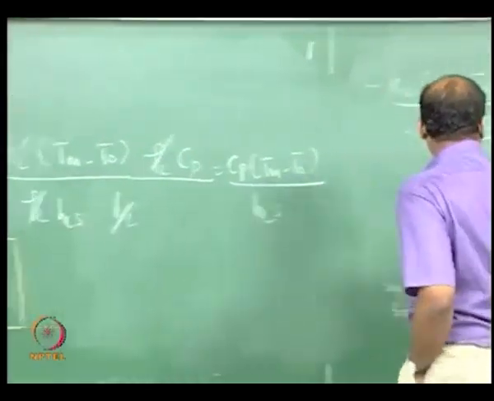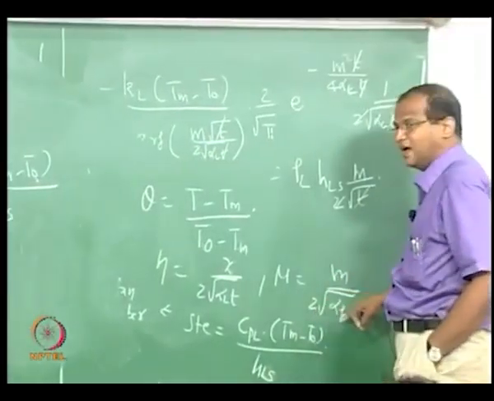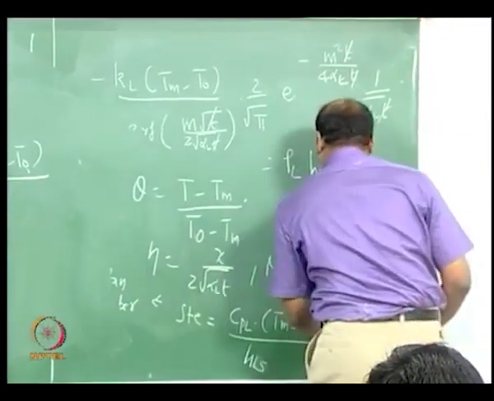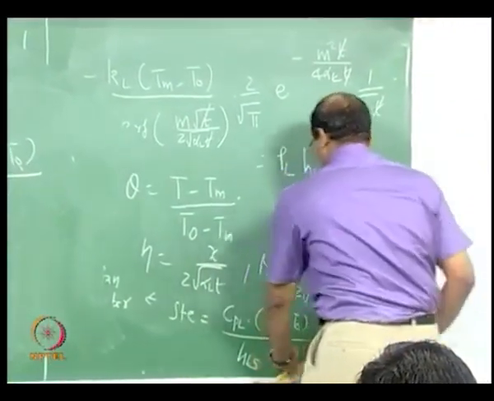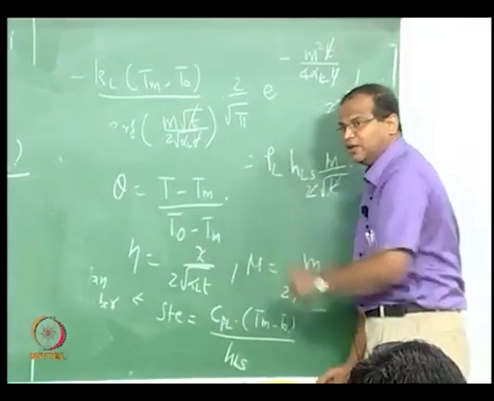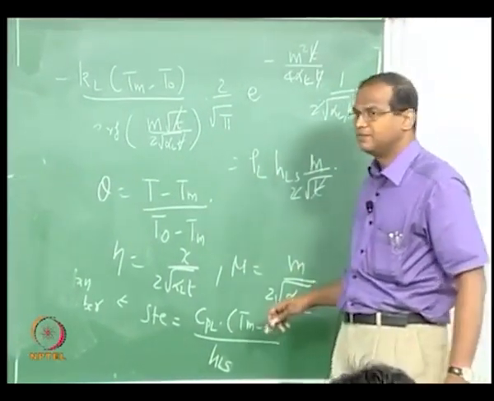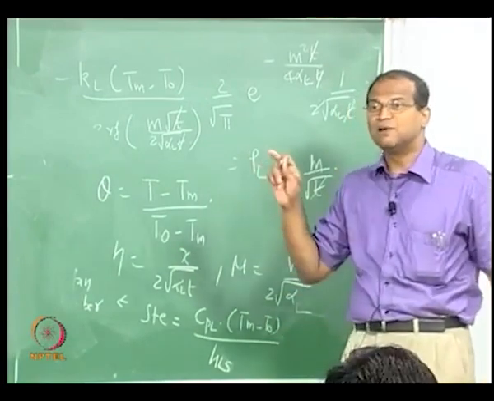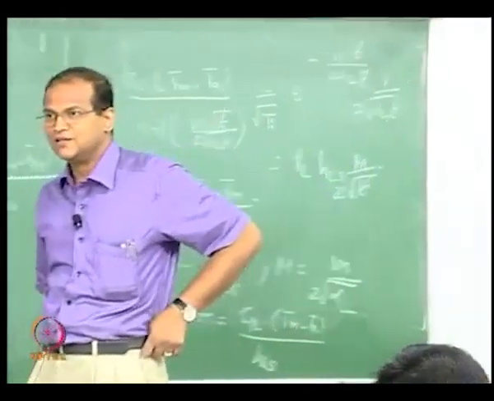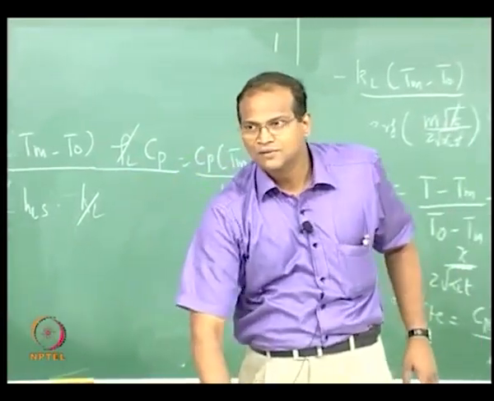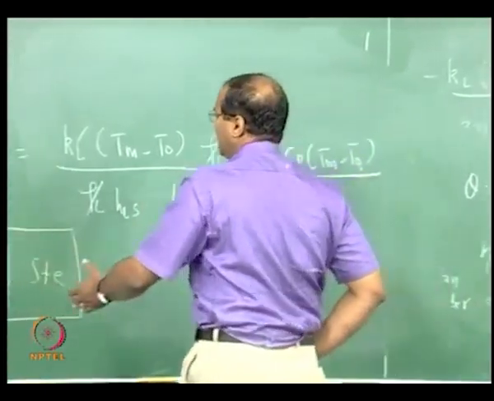What is mu? From mu, m by root 2 alpha, alpha L is known to you. So if you find out the mu from that equation, you know the alpha L, you will get the m. What is m itself? m is s by root t. If you know the time, you will get the s. Finally, what is the goal of all this? To get s. It is such a complicated nonlinear equation.